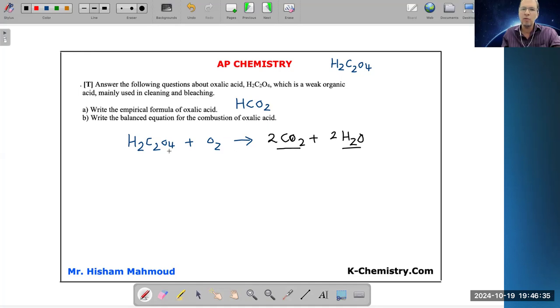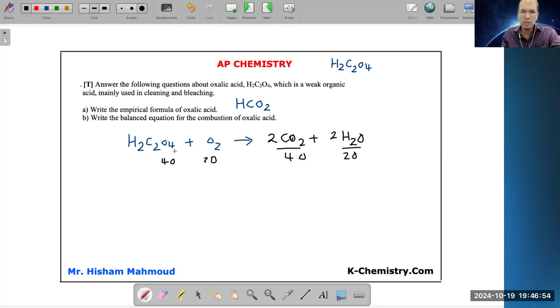And here I have 4 and here 2, so it is already balanced for oxygen, 6 here and 6 here.